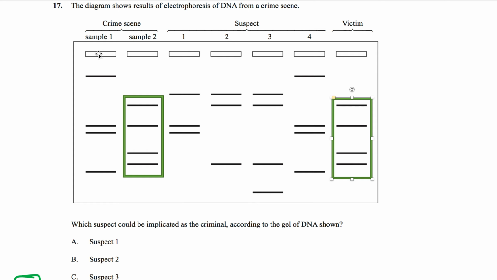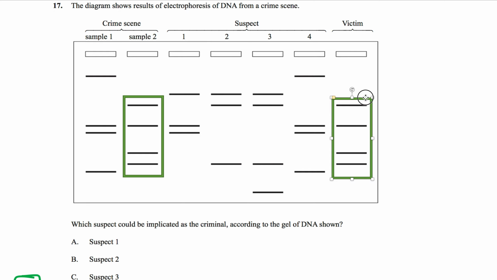Now they're saying which suspect, 1, 2, 3, or 4, could be the criminal. So if we know sample 2 is the victim, and we already found the victim, sample 1 is the only thing left, which means this must be the sample from the murderer. Then whichever suspect, 1, 2, 3, or 4, this sample matches is likely to be the murderer.